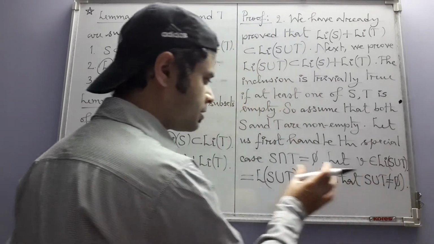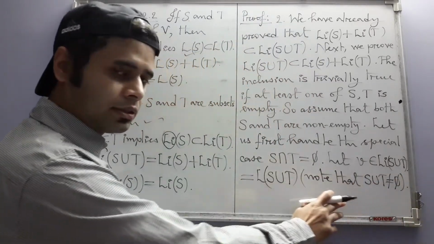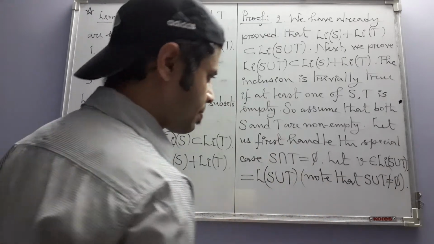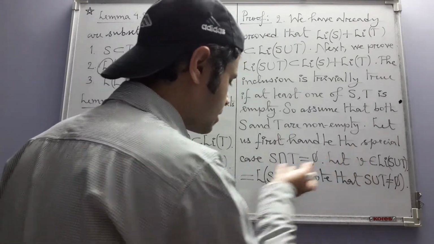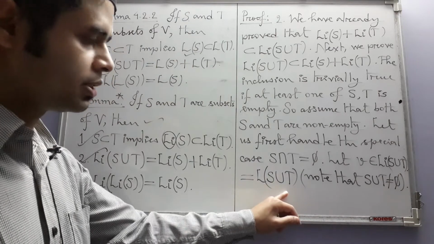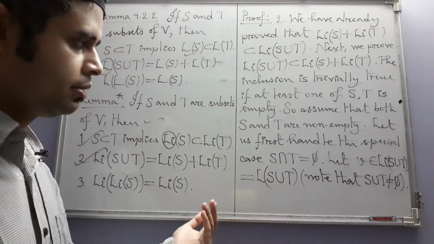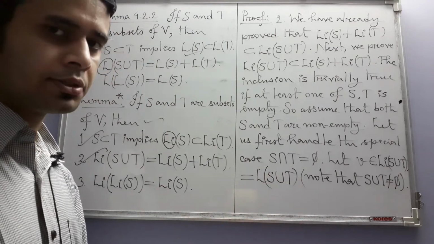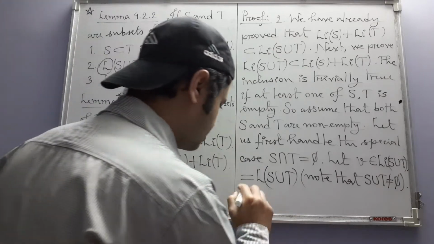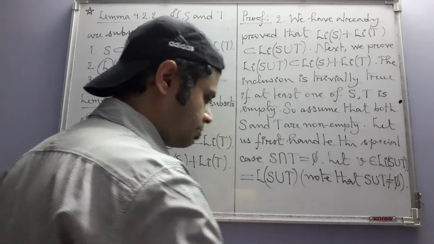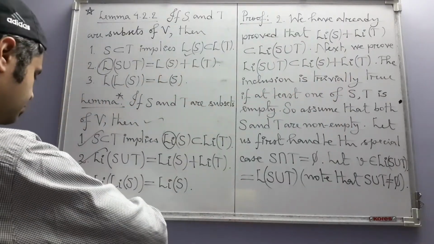Don't confuse the intersection with the union. Because now V belongs to the ordinary linear span, V will be a linear combination of some elements of S union T.